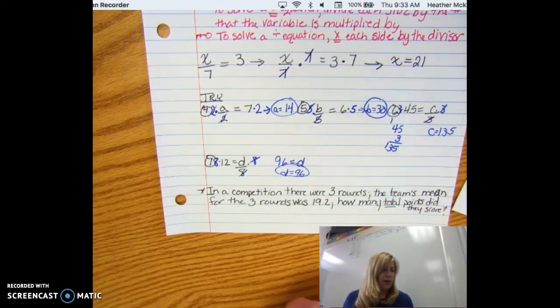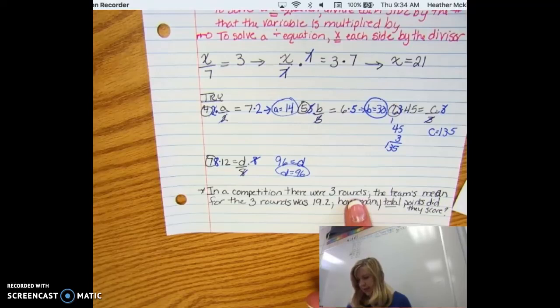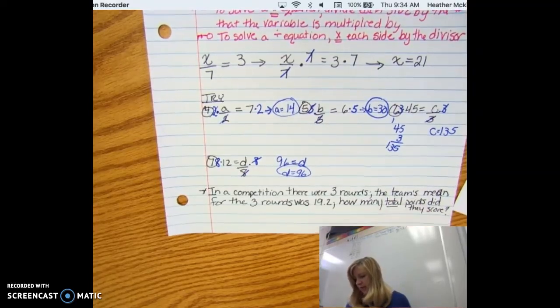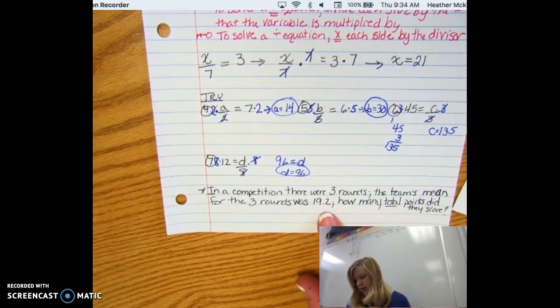All right, so let's talk through this one. In a competition, there were 3 separate rounds. The team's mean for the 3 rounds was 19.2. How many total points did they score?